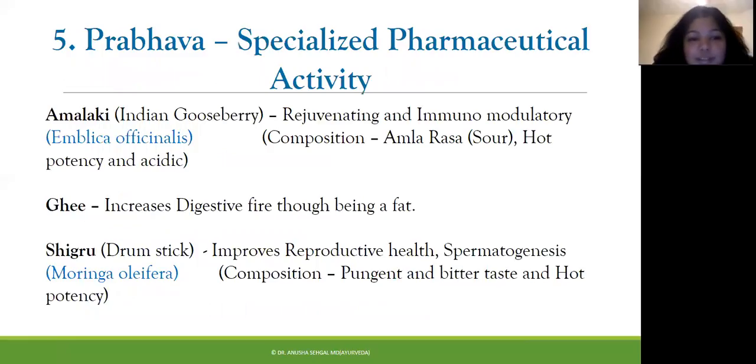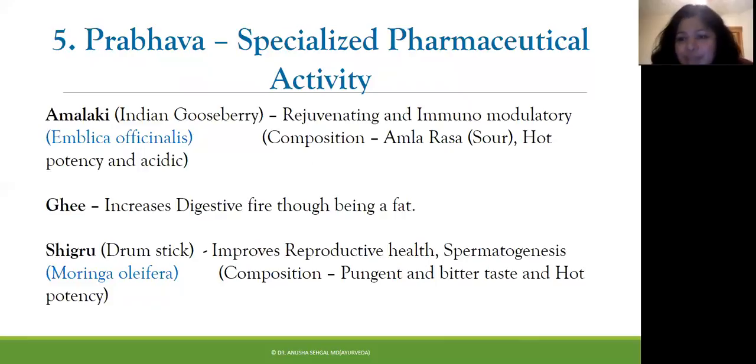So this is just an example of prabhava. Prabhava is the specialized pharmaceutical activity. So for instance, if you have something that has madhura rasa, guru or heavy and unctuous qualities, shita virya, and madhura vipaka or sweet post-digestive effect, then it is understood that these are all things that are conducive or similar to kapha, so it should aggravate kapha.